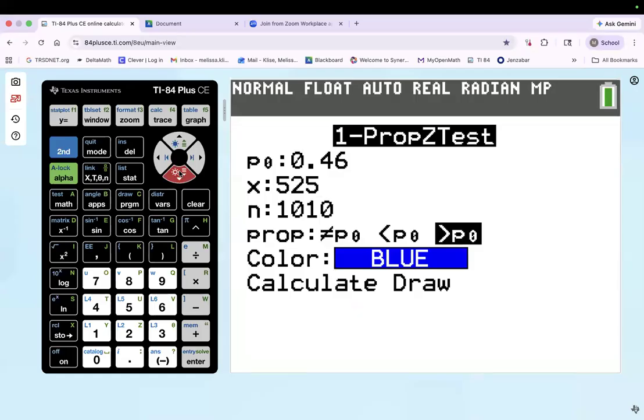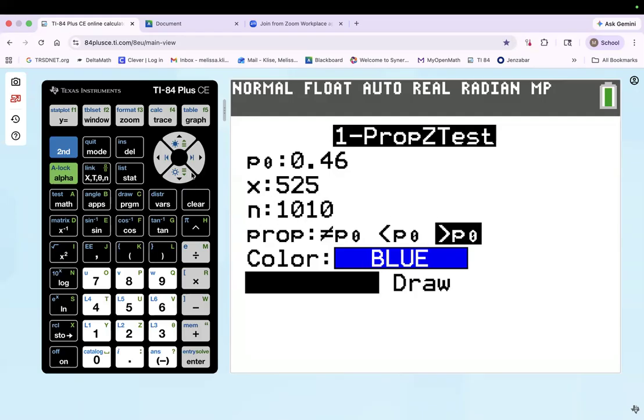Don't worry about colors. I'm going to go down to calculate. Now, if you are not doing all of the math on your test and you are using the calculator function, I want you to write down what you put on this screen. I want to see P naught, X, N, and your greater than P naught.